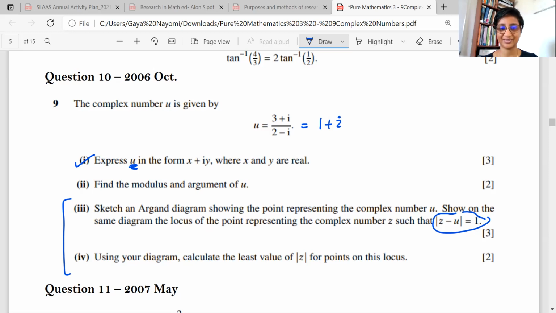Circle. Very good. Let's calculate the least value of z.